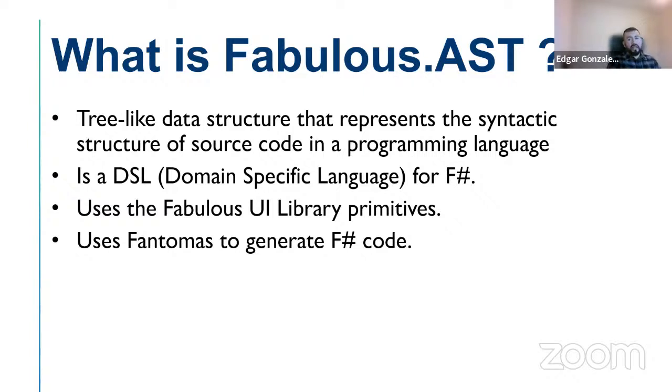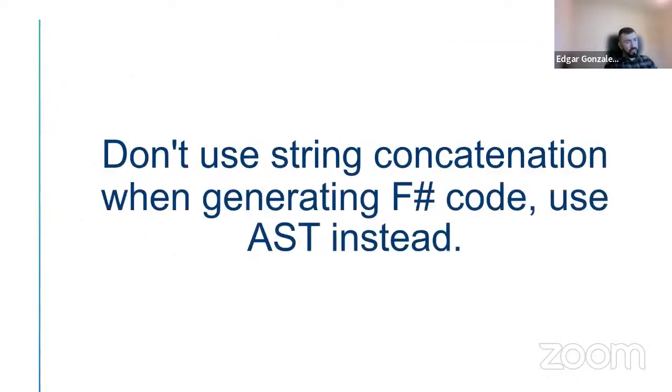But the most important takeaway from this presentation will be: don't use string concatenations when generating F# code. Use AST instead. One of the reasons is that working with strings is sometimes dangerous, and you cannot really guarantee that the output of the generated code will be valid.